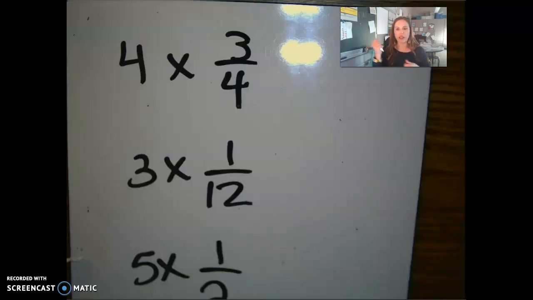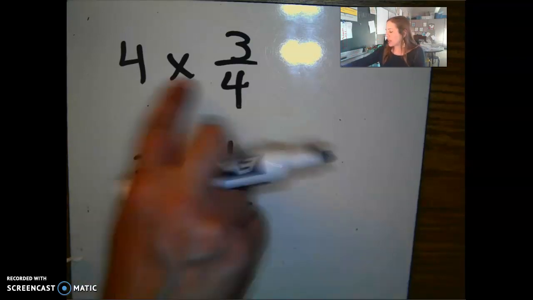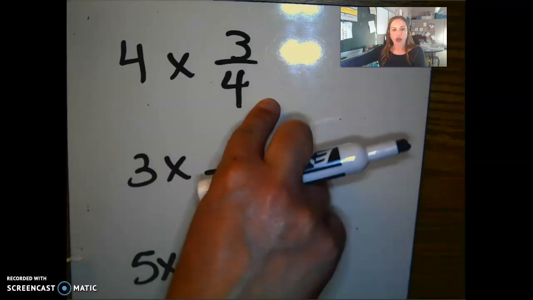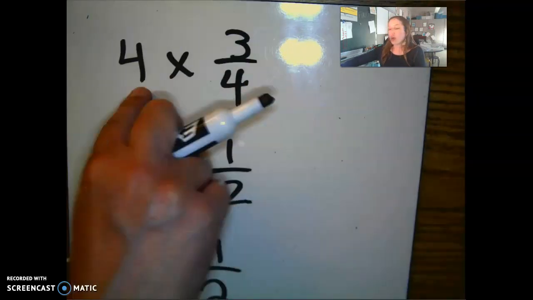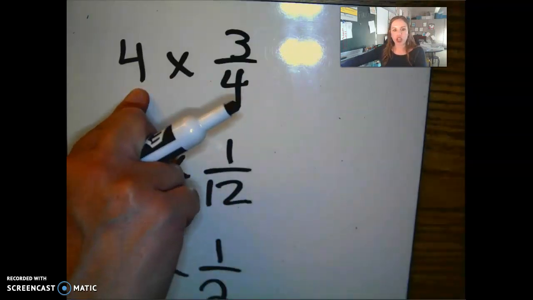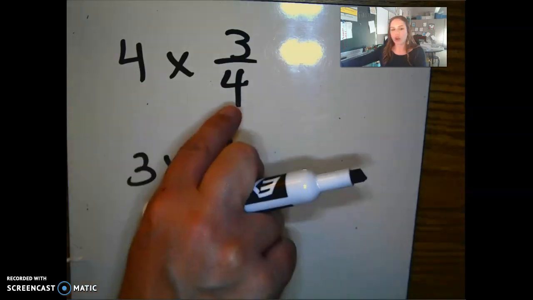So now we have some problems that we're going to do together. These are also on your class notebook, so you should be solving them along with me. So we have 4 times 3/4. What we need to do is turn our 4 into a fraction in order for us to multiply across.